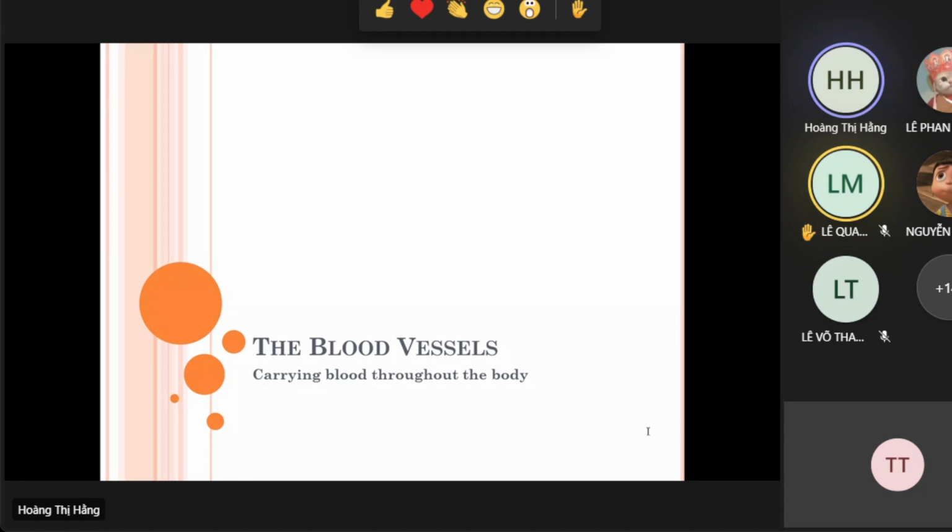Like the way we have problems with veins in our legs, suy van tĩnh mạch hay là giãn tĩnh mạch. It's a kind of problem with the valves in the veins in our legs, right?